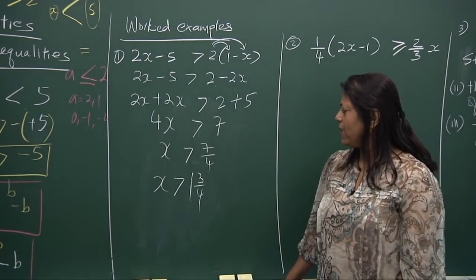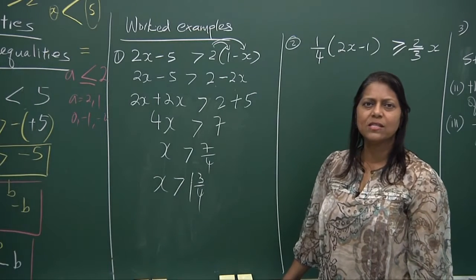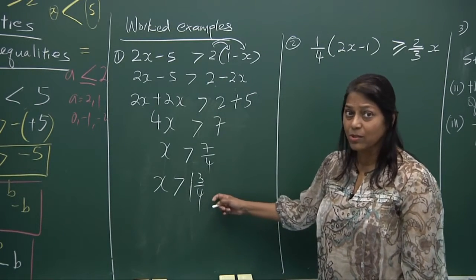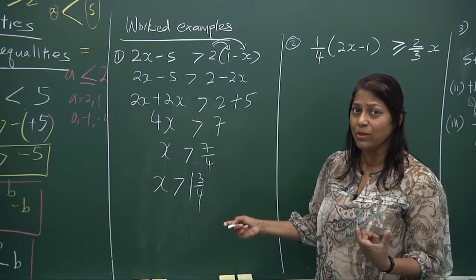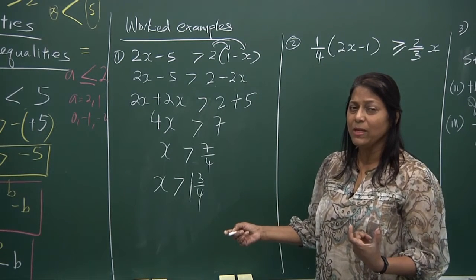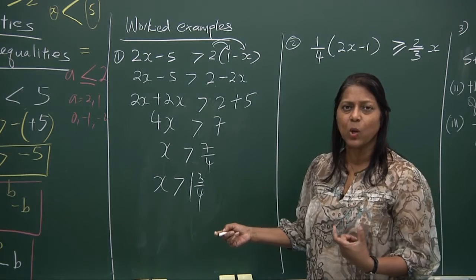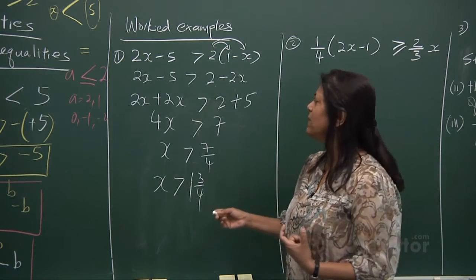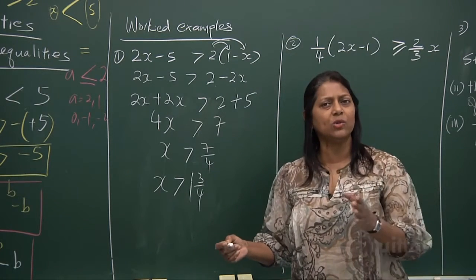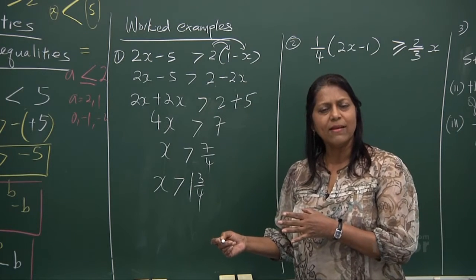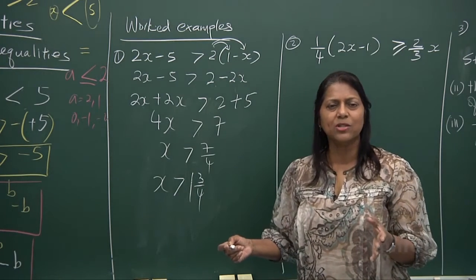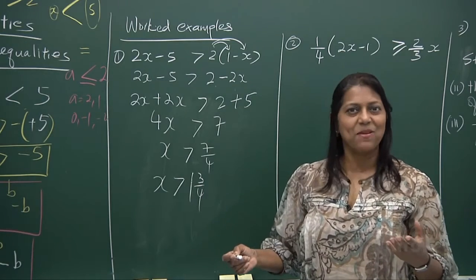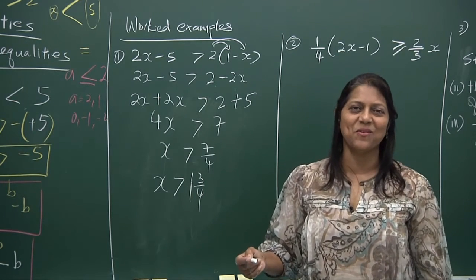If they ask you what is the largest integer, it's also going on. X integer is a whole number, remember? But the only difference between an integer and a whole number is that a whole number is 0, 1, 2, 3, 4, 5. Whereas an integer can be positive, it can be negative, and it can be 0.